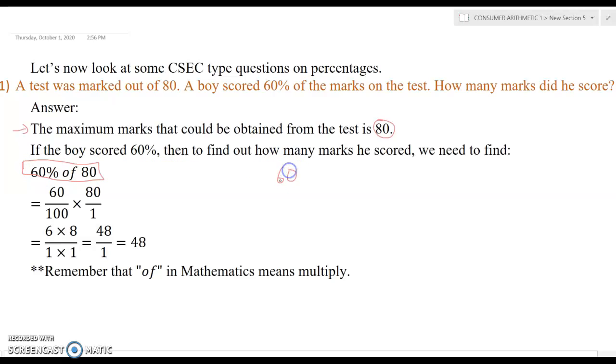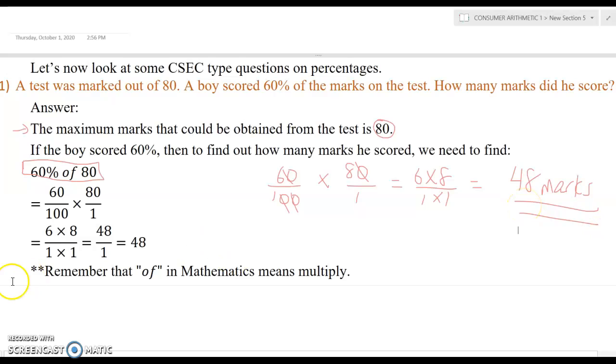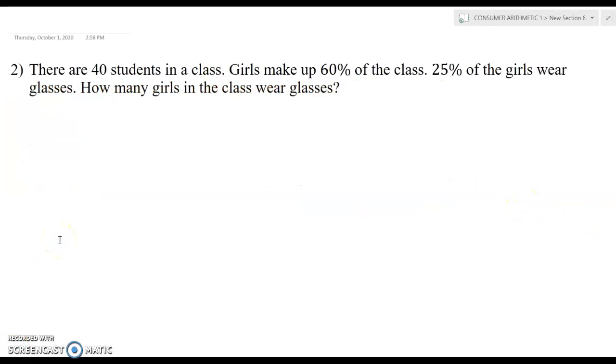So 60%, so 60 over 100, change it to that fraction, multiply by 80 over 1. You can cancel zeros, so we remain with 6 by 8 over 1 by 1, 48 marks. And that's it. Look how simple, right? Very simple. Now let's look at this other question.